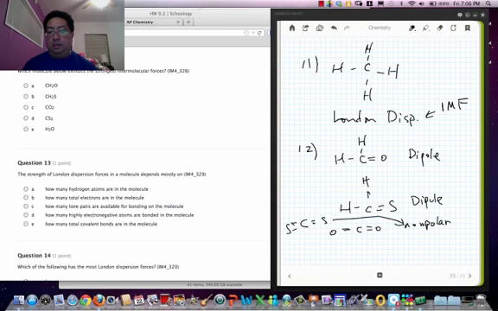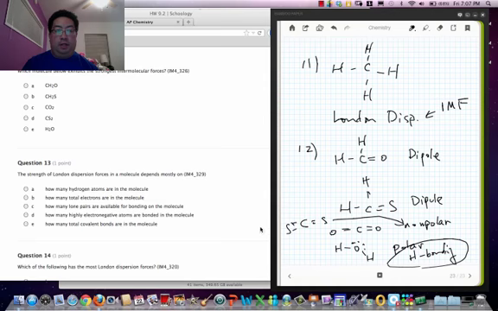And then the last one, H2O, looks like this, and the O has two unshared pairs. This one is polar, but remember, if it's polar, it could either be dipole or hydrogen bonding. The rule for hydrogen bonding is if H is bonded to an O, F, or N, it's going to be hydrogen bonding. So this one is H bonding. And if you remember from before, H bonding is the strongest intermolecular force.